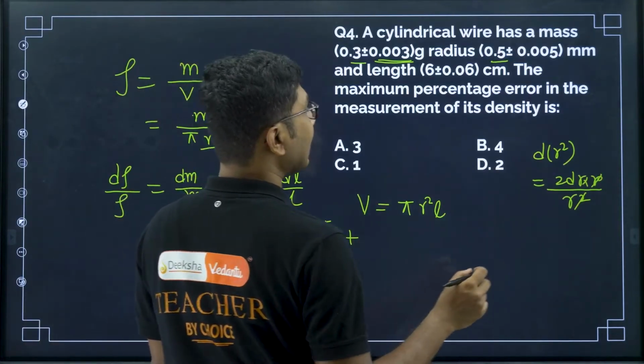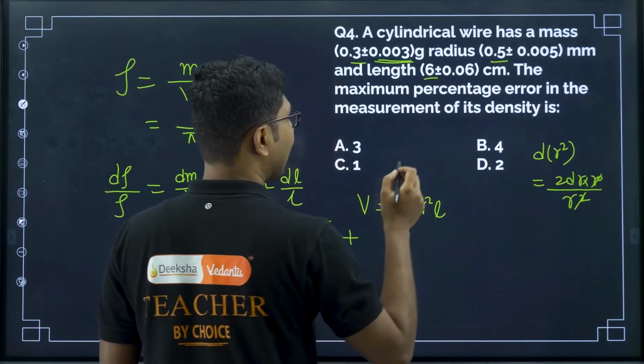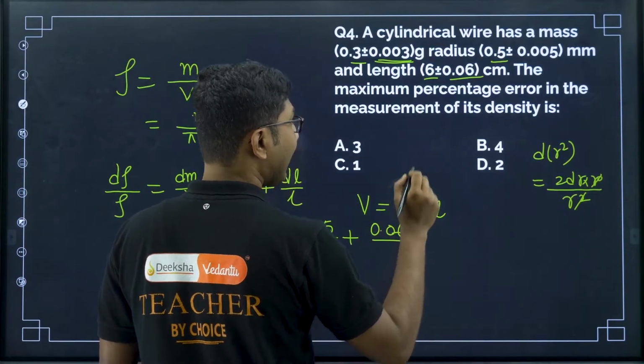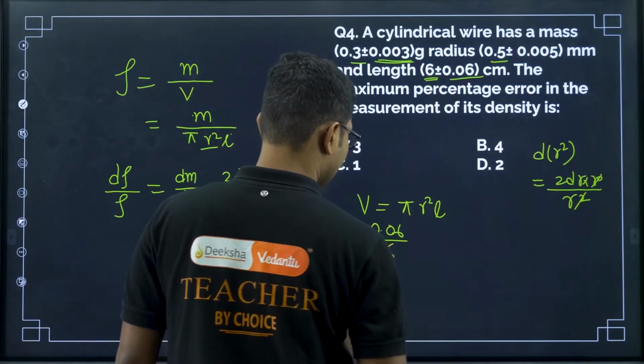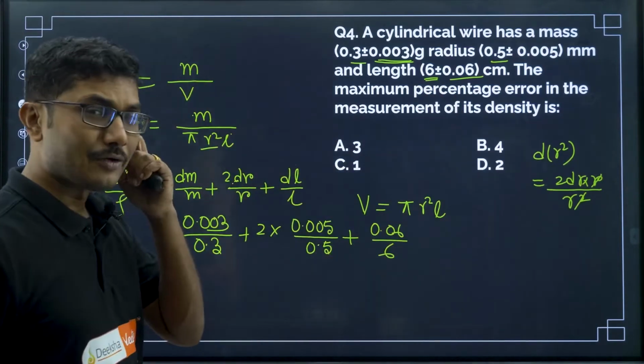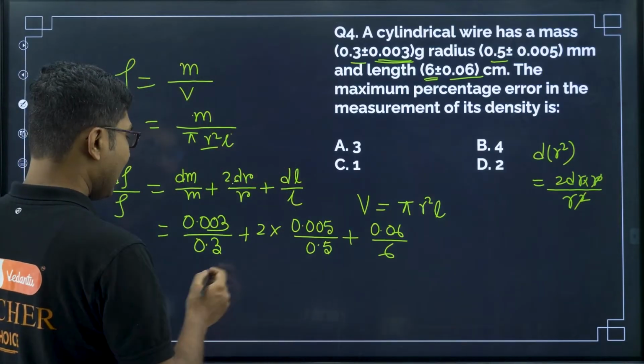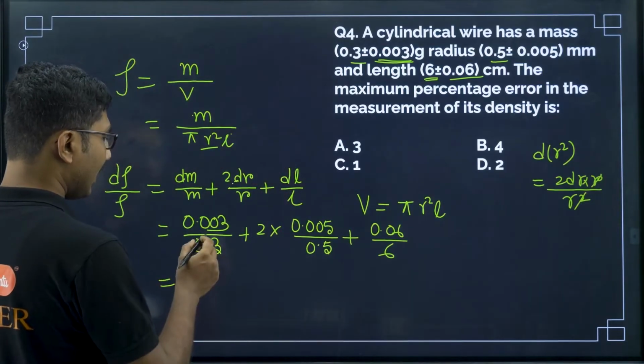Plus what is dl? dl is 0.06 and L is 6. Once you calculate everything, you have to multiply with 100 to get the percentage value. Okay, this is the error.